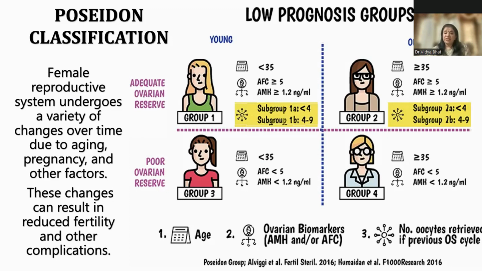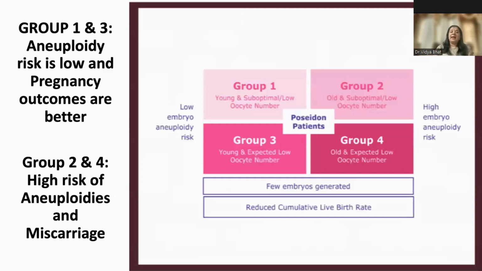The other extreme, group 2, is advanced age, AFC equal to 5, and AMH above 1.2. And group 4 is AFC less than 5, 35 years and more, and AMH less than 1.2. So groups 1 and 3 have low aneuploidy risk and better pregnancy outcomes, whereas groups 2 and 4 have high risk of aneuploidies and miscarriages.